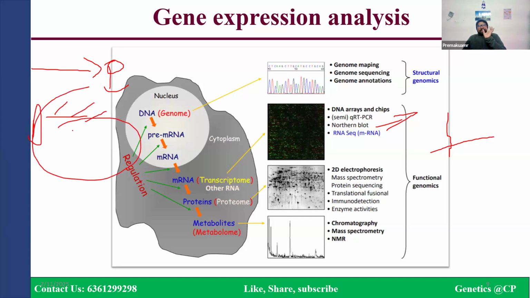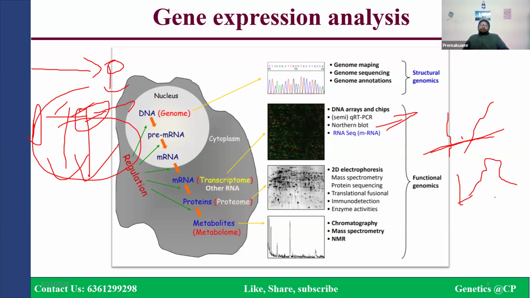After the band appears, we say okay, the gene is there. But you are not quantifying here, and it is not real time. Only after PCR, in the gel, we can analyze, at the end of the process. But while the process is still going on, we can see it on the screen. That's why it is called real time.